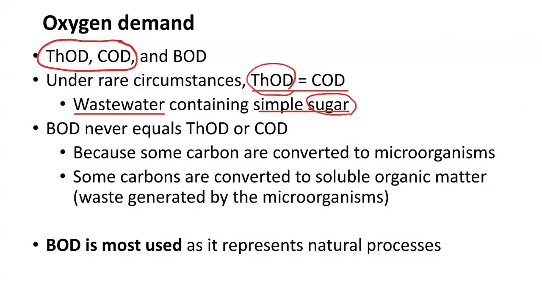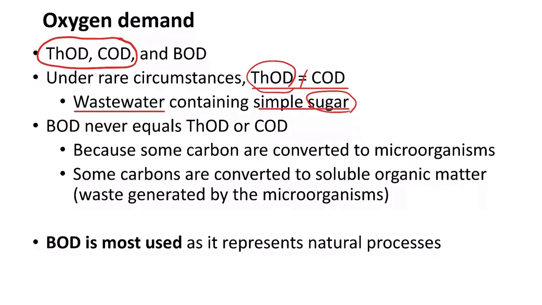Then these two are definitely not going to be equal to each other, right? So only under rare circumstances are these two equal to each other. And the BOD never equals the theoretical oxygen demand or chemical oxygen demand. Typically the BOD is smaller than these two.